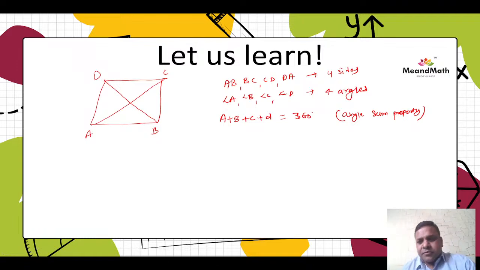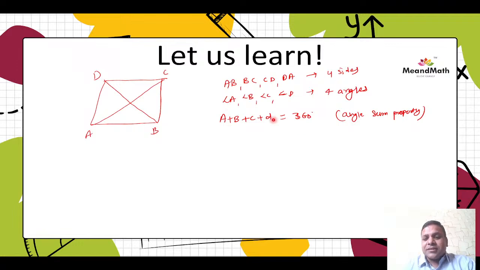Now a question should come to your mind: sir, the angle sum property is 180 degrees, not 360 degrees. Yes, your doubt is correct.